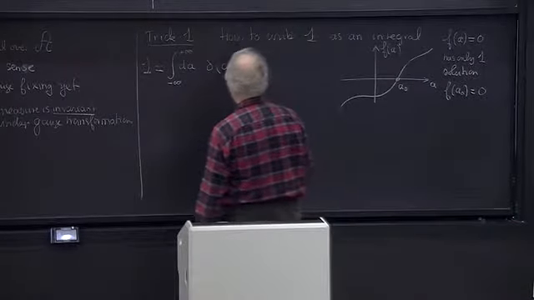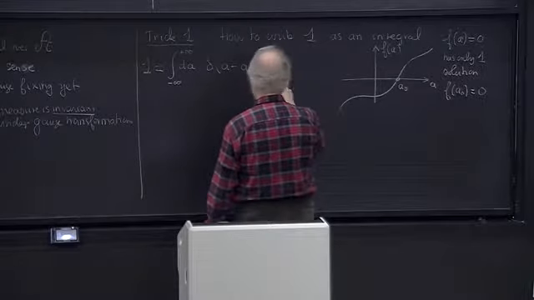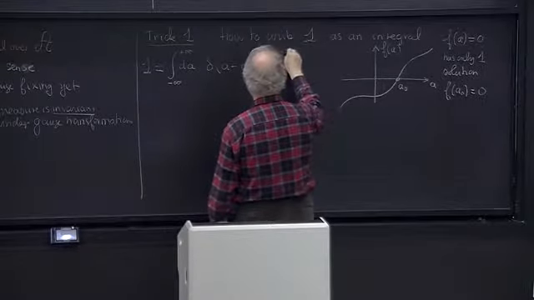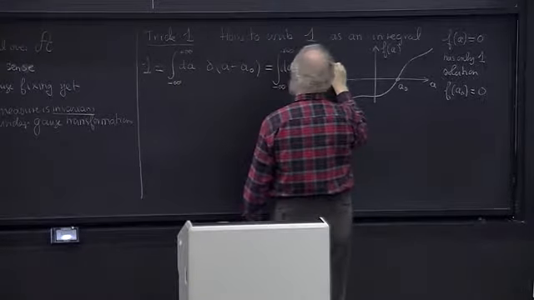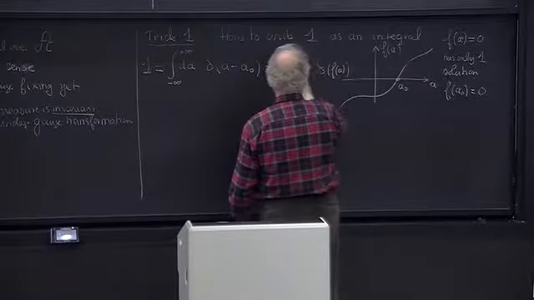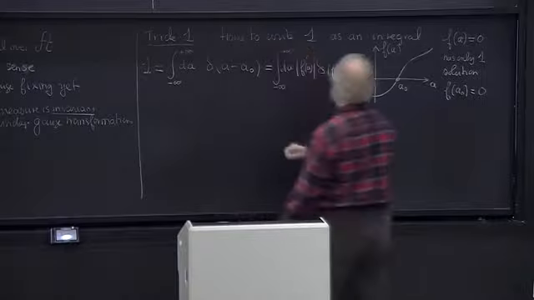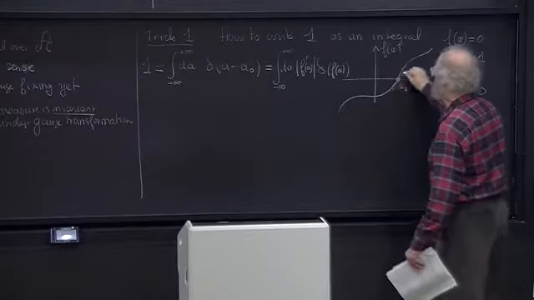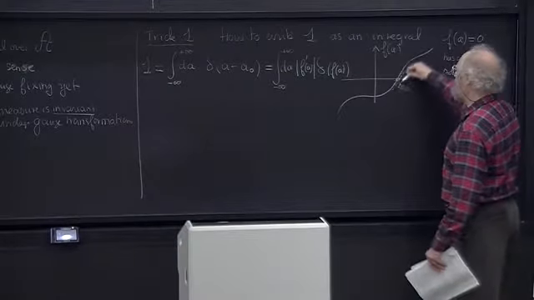So then it's easy to see that we can rewrite this as an integral from minus infinity to plus infinity of dA delta of f of A times the absolute value of the derivative of f with respect to A. You just make a change of variable.